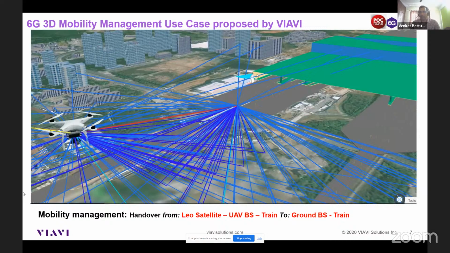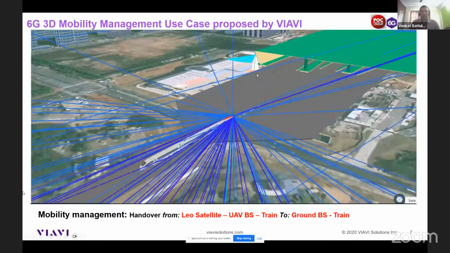Now the train is moving very fast, so you can see the amount of multipath channels that are possible, from the buildings, from atmospheric scattering, all that. Eventually the train is approaching a station, then the user will be handed over to a ground based station, which provides the connection to the train. That's the kind of use case we are trying to portray here.